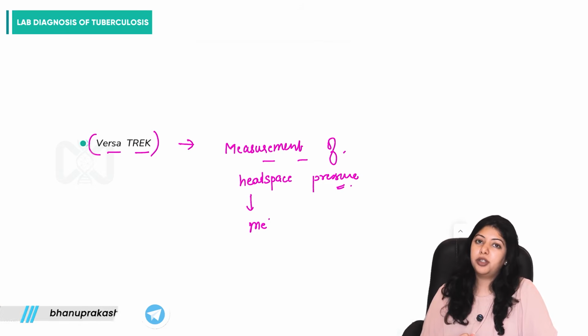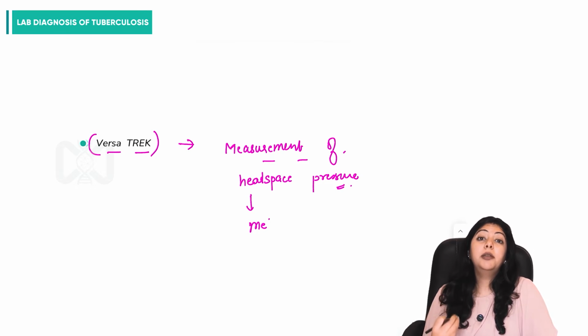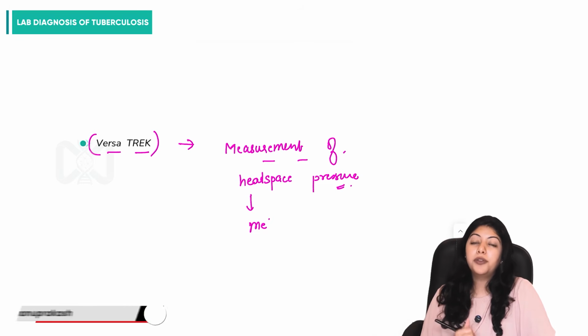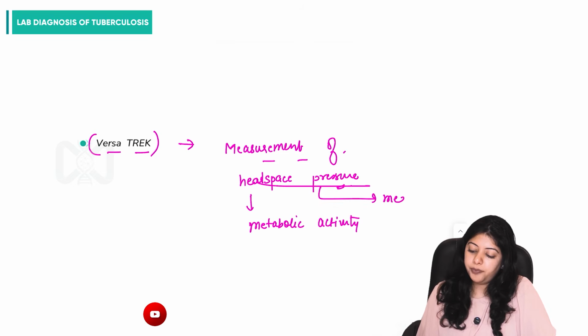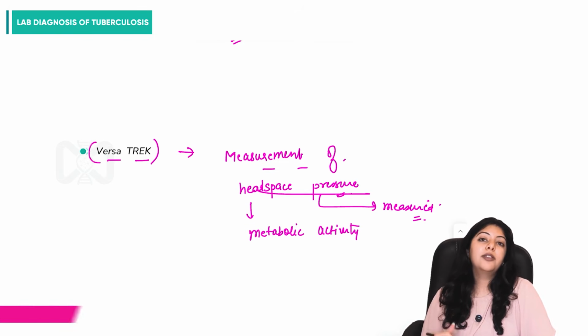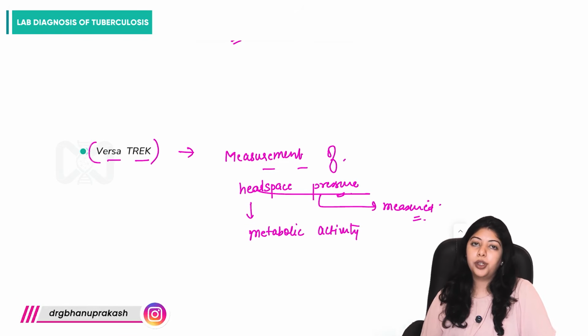So they detect the pressure generated because of the metabolic activities of the bacterial growth. The pressure rises because of the metabolic activity, and this pressure is measured inside the machine. This is the principle on which it works.